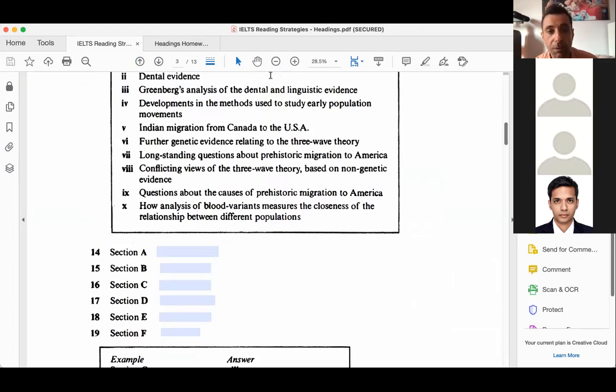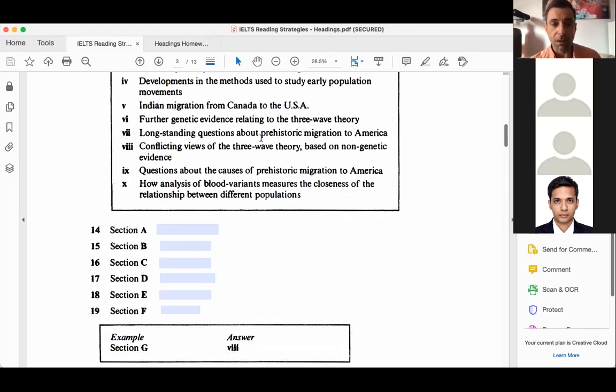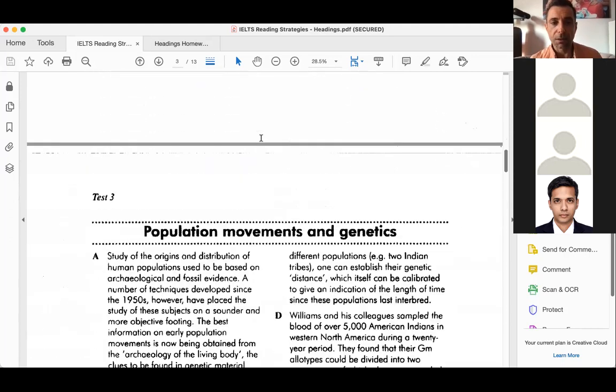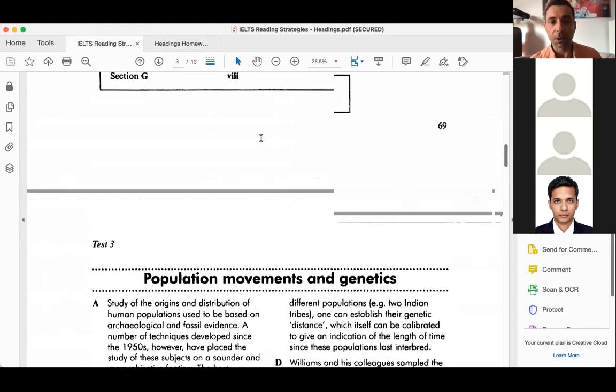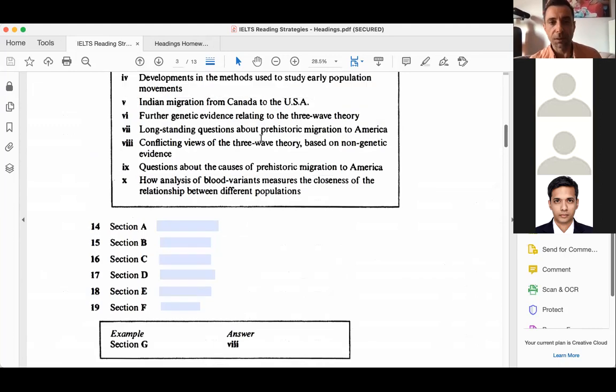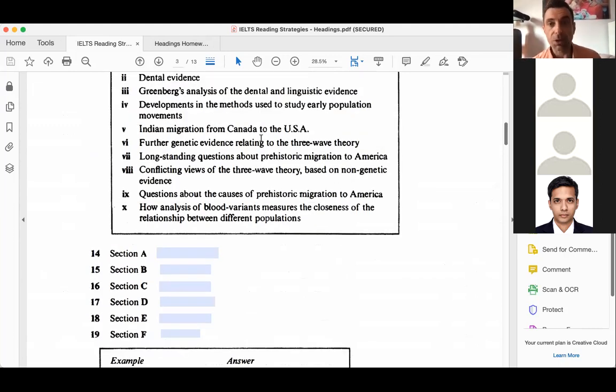Then we'll talk about them together, what you did and what we can do to improve our performance with this type of exercise. So around 10 minutes, please complete this exercise. Another time, these are the headings IELTS gives you. These are the paragraphs. You do need to find the right heading for each paragraph. Once you are ready, share the answers with me, please, via the chat.